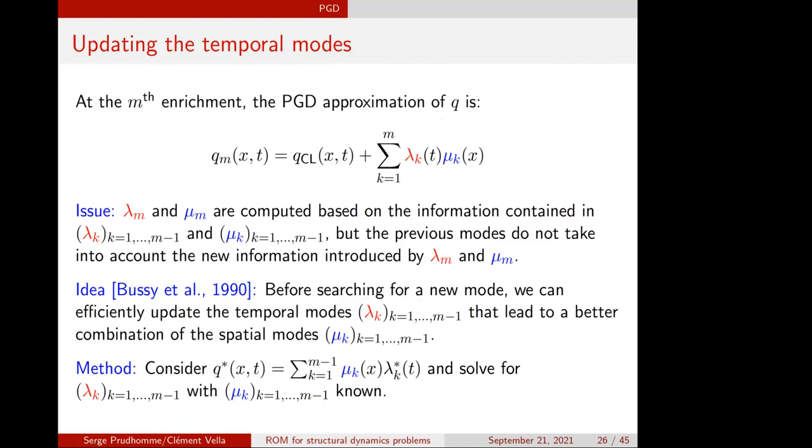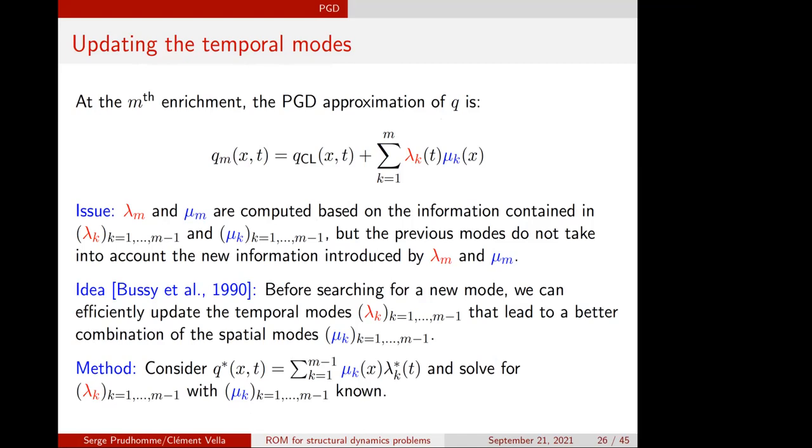But at this point, we accepted that the previous modes were okay, and we don't change them. However, the previous modes can also affect our solution lambda m and mu m. So we propose here to update those temporal modes.